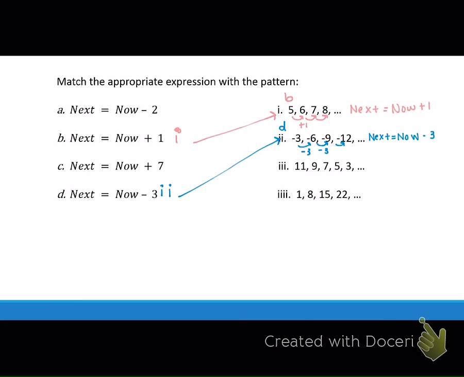Okay, Morgan, what's happening each time with the third one there? We're subtracting 2, so next equals what? Now minus 2. The term we're on, minus 2. Good. So here's my question. Does the fourth one, now plus 7, make sense?